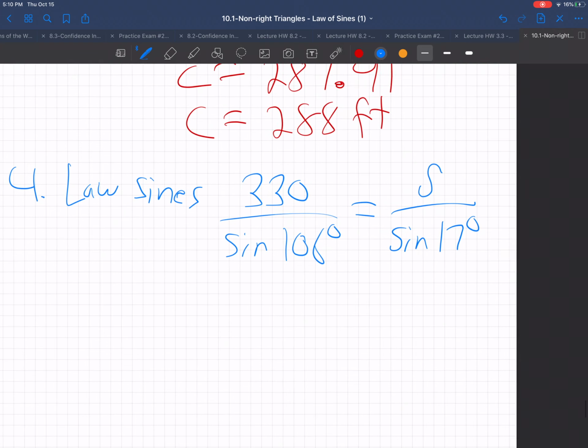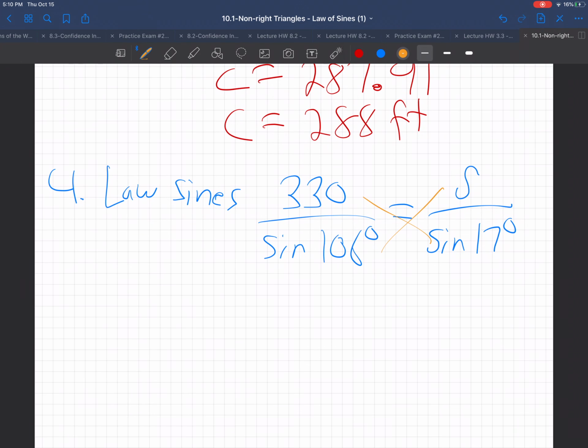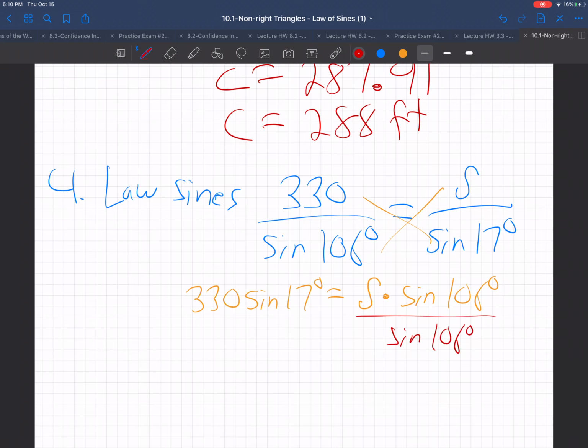So again, we will cross multiply. So 330 times the sine of 17 degrees is Sarge times the sine of 106 degrees, divided by the sine of 106 degrees.